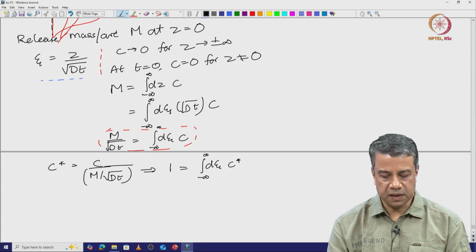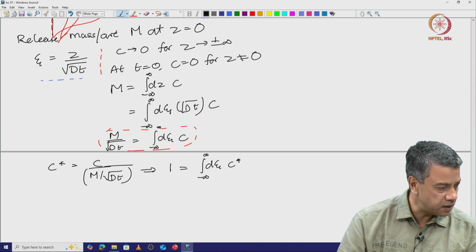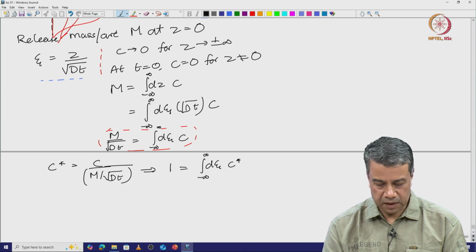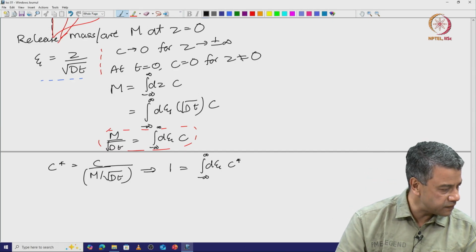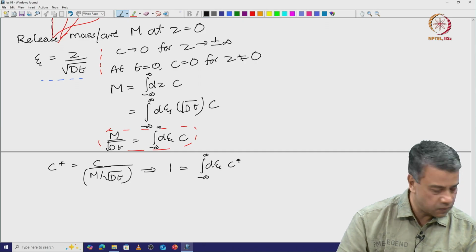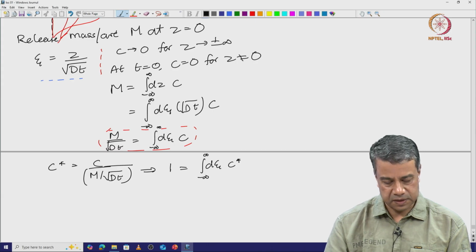So, that is the condition for the mass conservation. I scale the mass by m by root dt, and the total mass condition basically says that integral minus infinity to infinity d psi times C star is now equal to 1. So, these are the equations.